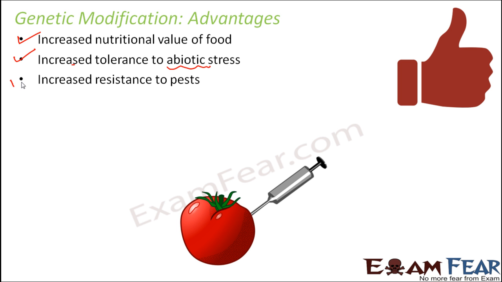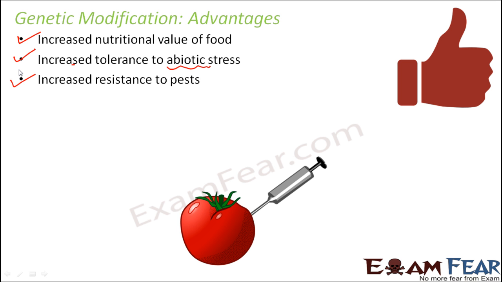Increased resistance to pests. Now what are pests? Pests are those organisms which can actually kill the plants. Small pests, insects, they all fall under the same category, which are like enemies to the plant. They can spoil the plants and kill the plants. But genetically modified crops have high resistance. So they are genetically modified so that they can have better taste and quality, as they are resistant to pests.